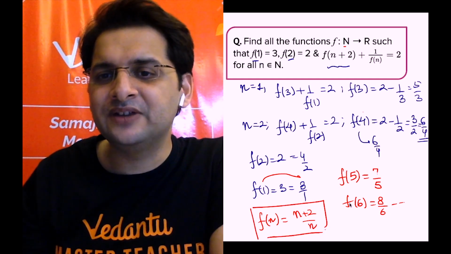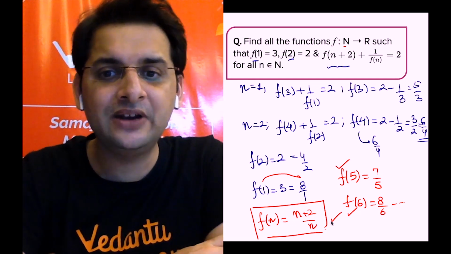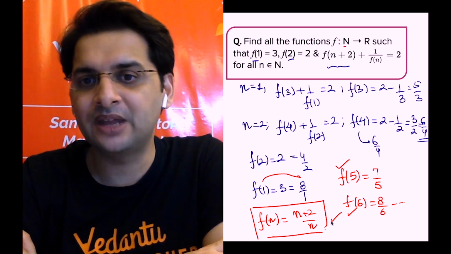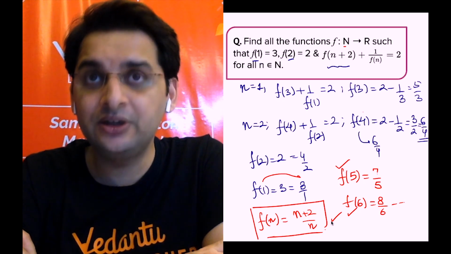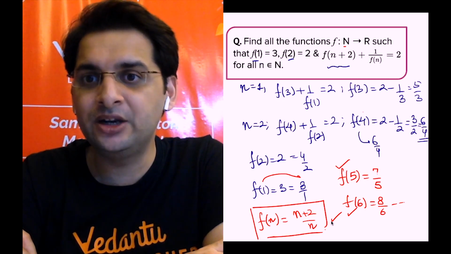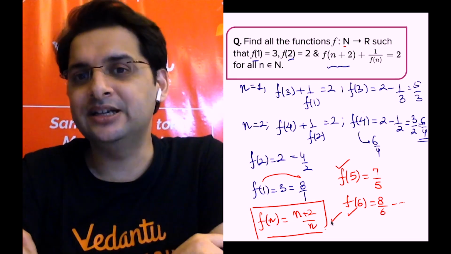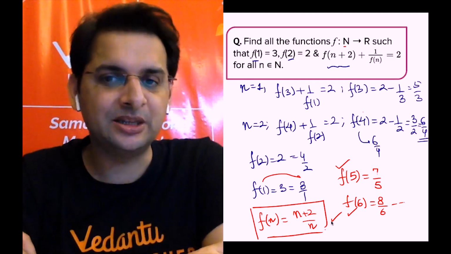And we can verify this. We can actually find the values of f(5), f(6), f(7), and verify that this is the function. The function which we found using the patterns of f(1), 2, 3, and 4 is indeed true. Now the question is, how do we prove this mathematically?